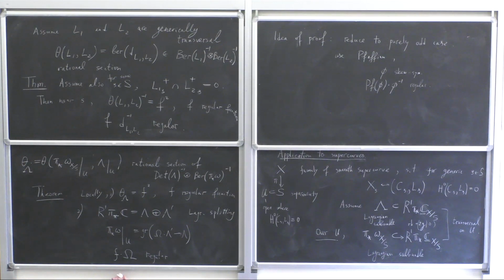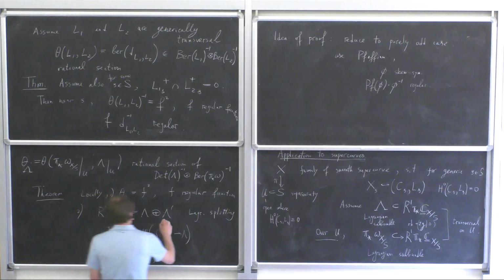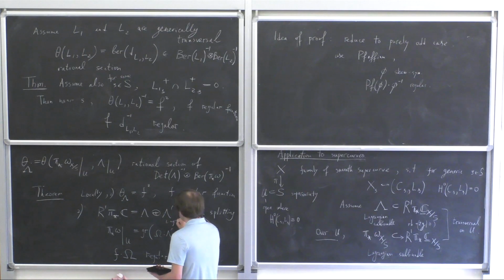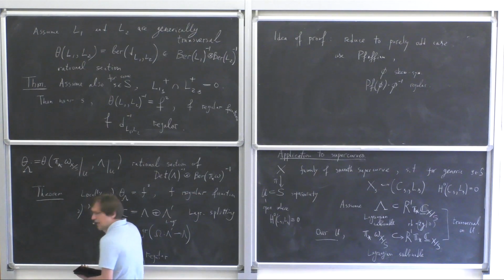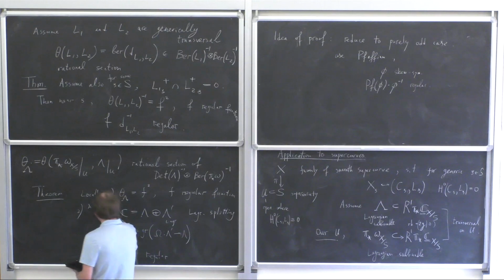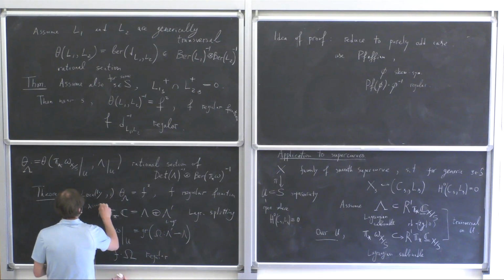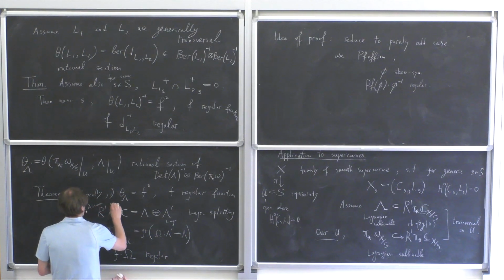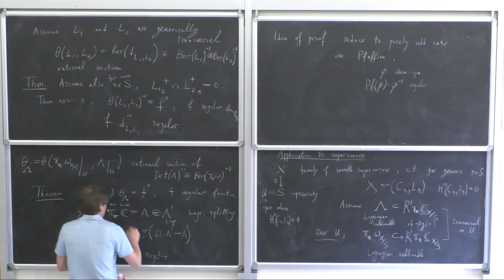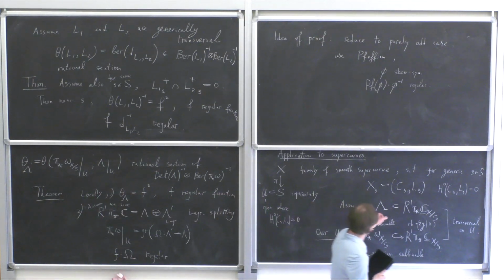Sorry, how is what related to what? Lambda prime is a Lagrangian complement. So I add more assumptions. Yeah, so for part 1, I only needed one Lagrangian subbundle.